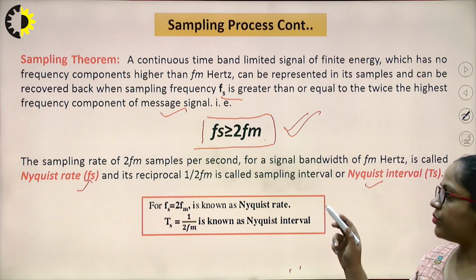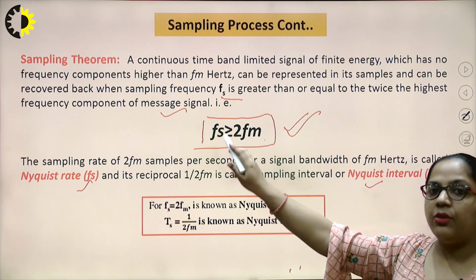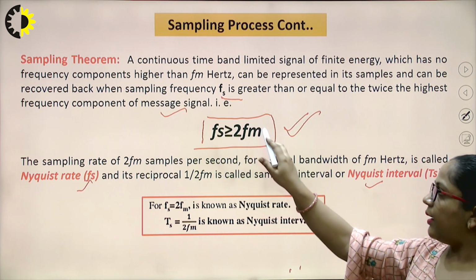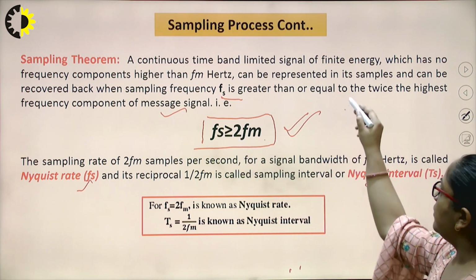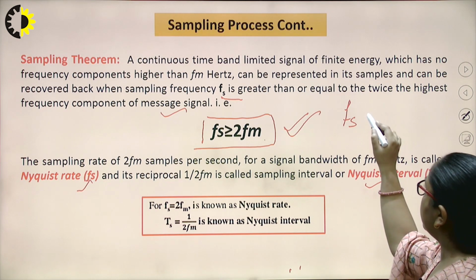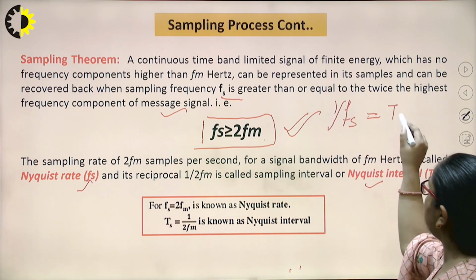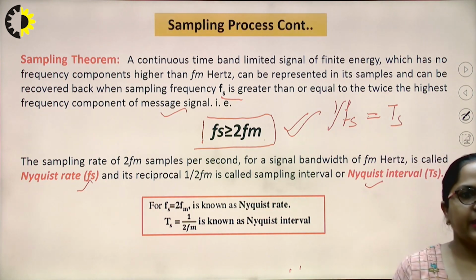Okay, we call this Fs the sampling frequency, sampling rate or the Nyquist rate, and the reciprocal of Fs is called the sampling interval or the Nyquist interval.